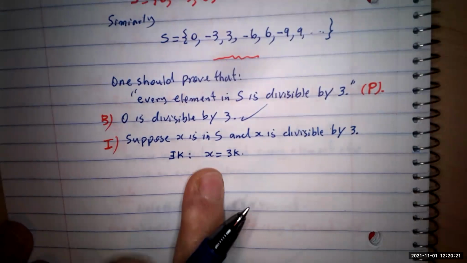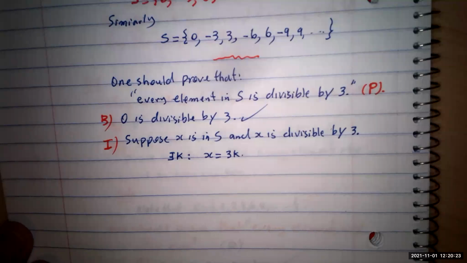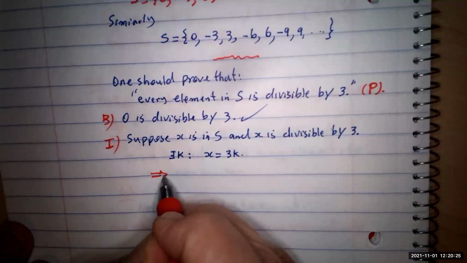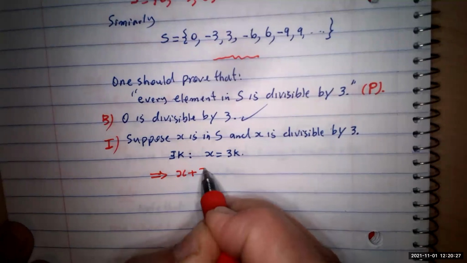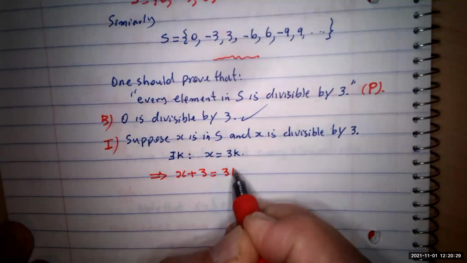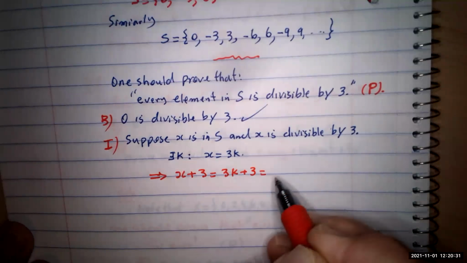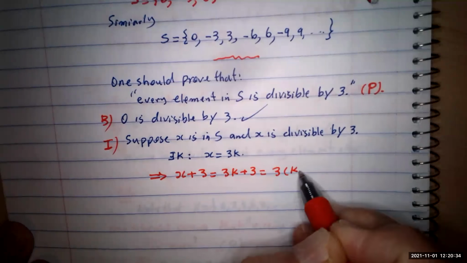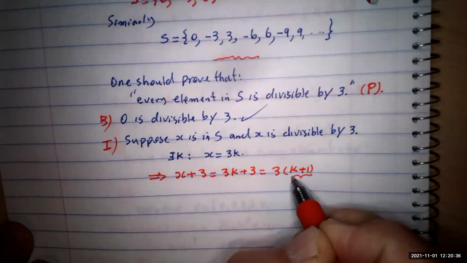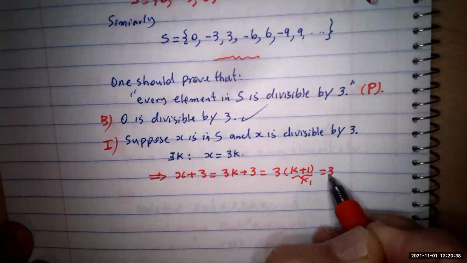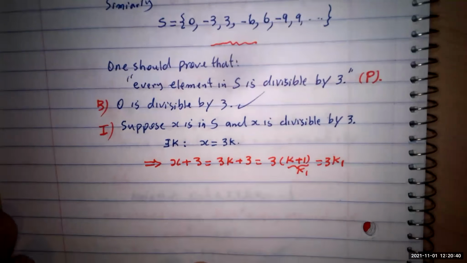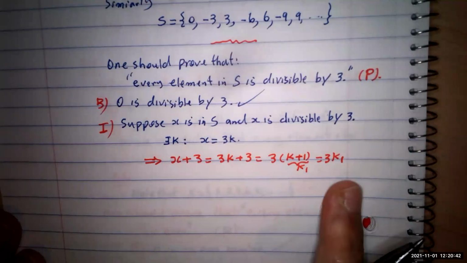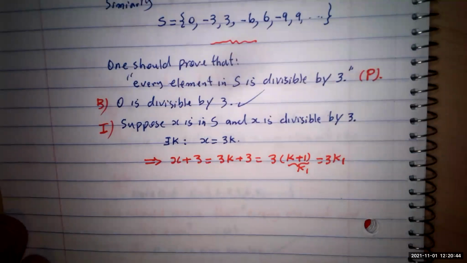That's the parent. Who are the children? X plus 3 is going to be 3k plus 3. You factor out the 3, 3 times k plus 1. You call it k1, that gives 3k1. So X plus 3, the child, would be divisible by 3.